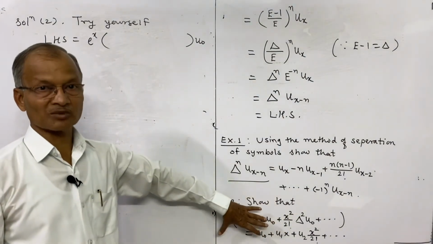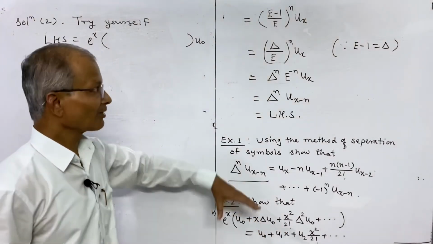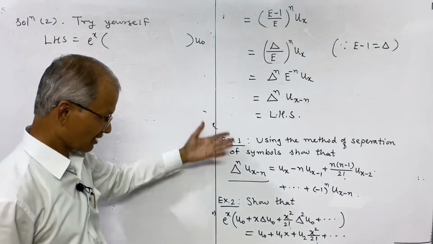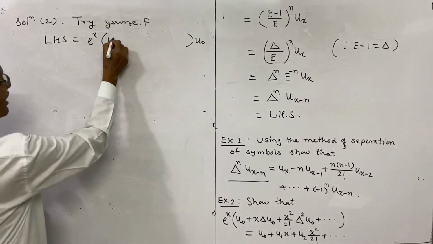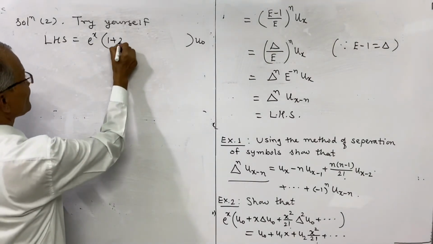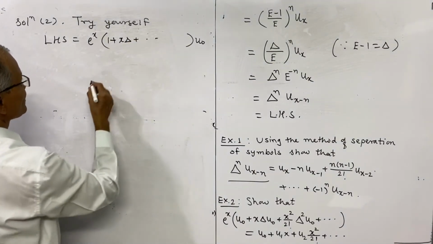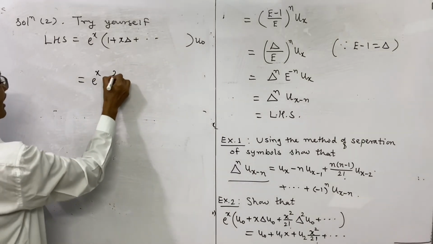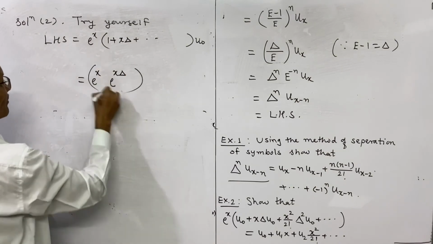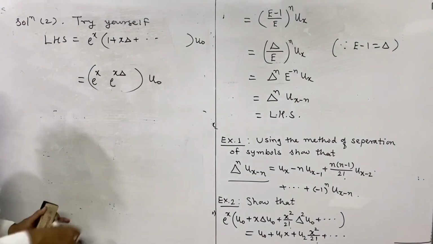That is the exponential series. We have done this in an earlier result, so which will be 1 plus x delta etc. So you verify this is e power x, this is e to the power x delta on u naught. You should write the entire steps.